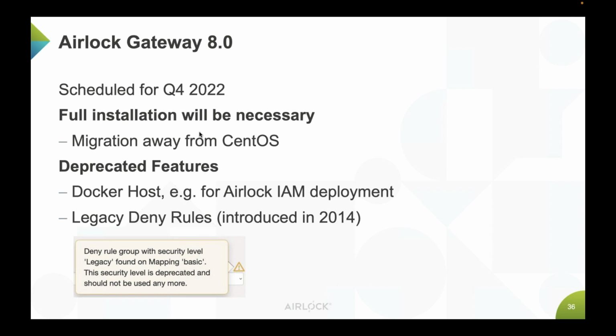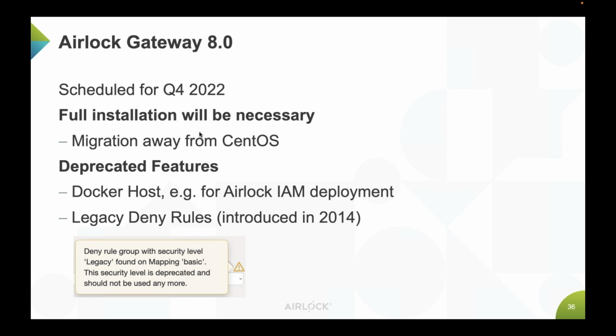And then a thing that has really been around for years, it's the legacy deny rules. I had to go and look when we actually introduced this term. It was in 2014. I think it was one of the first things that I did when I started as a product manager, to create these new security levels that you know, the basic, standard, and strict.